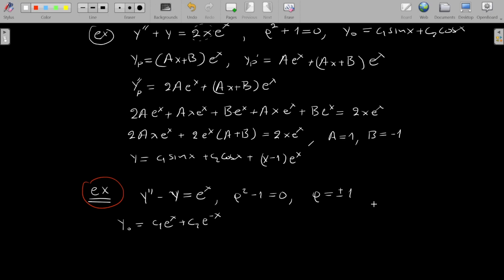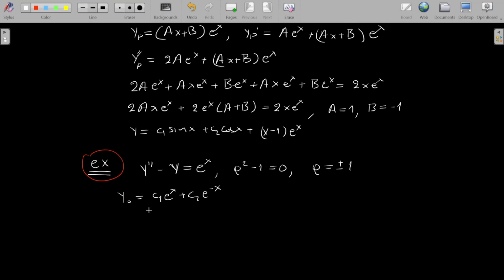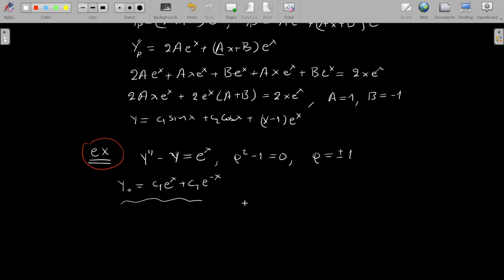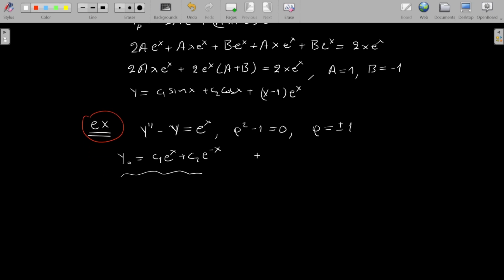Now, you can already start to see the problem. If you pay close attention to the general solution, then you will find the solution we were going to search for would be something like this, right?